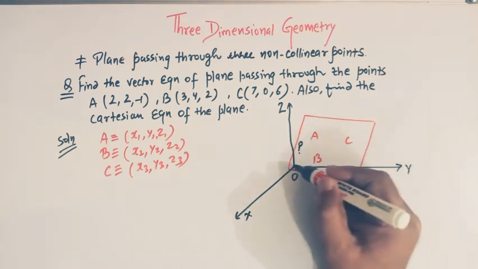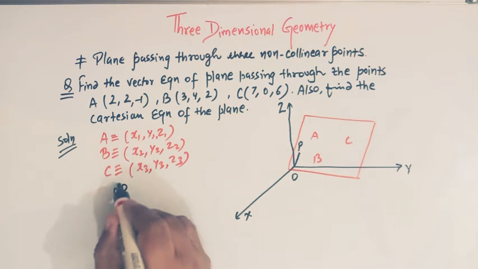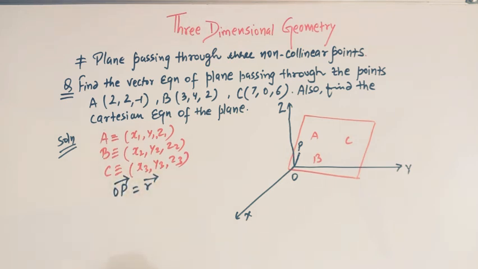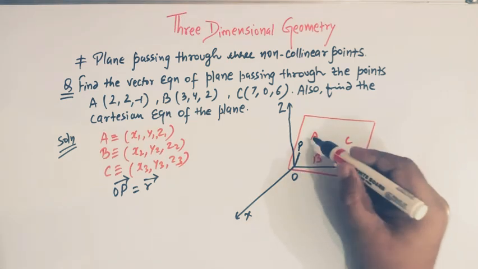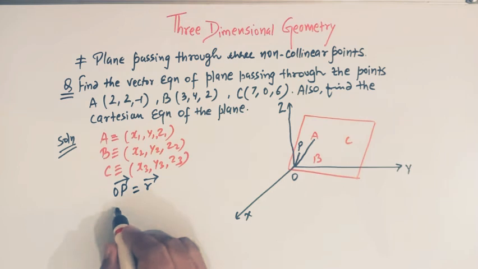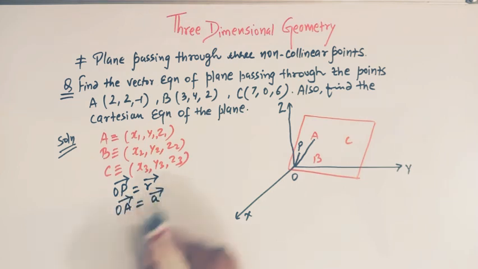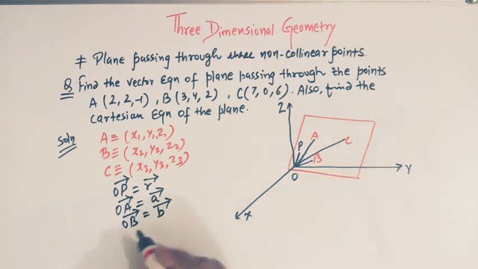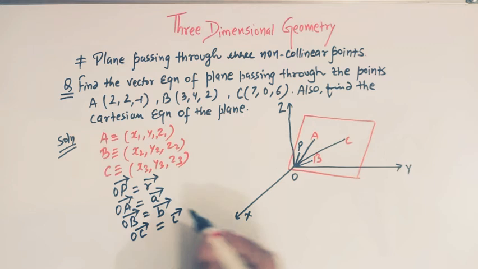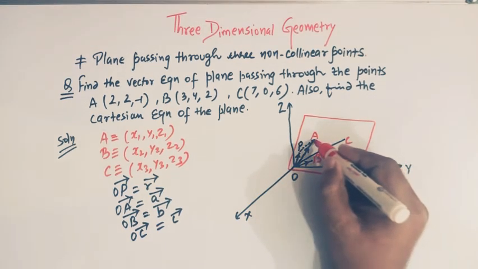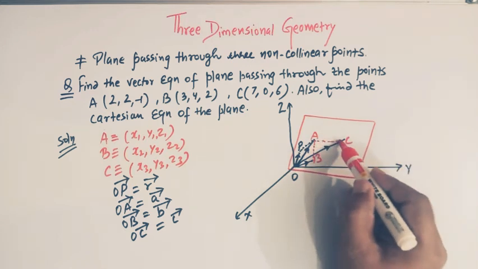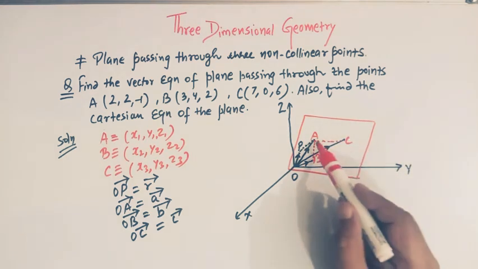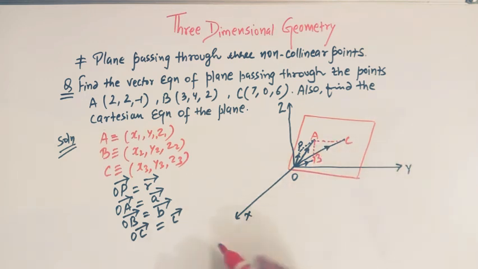Now if we join OP, then we have the vector OP as vector R. Now we join OA, and OA is vector A. Similarly, we join OB, and OB is vector B, and we join OC, so OC is vector C. Now let us join AB and AC.